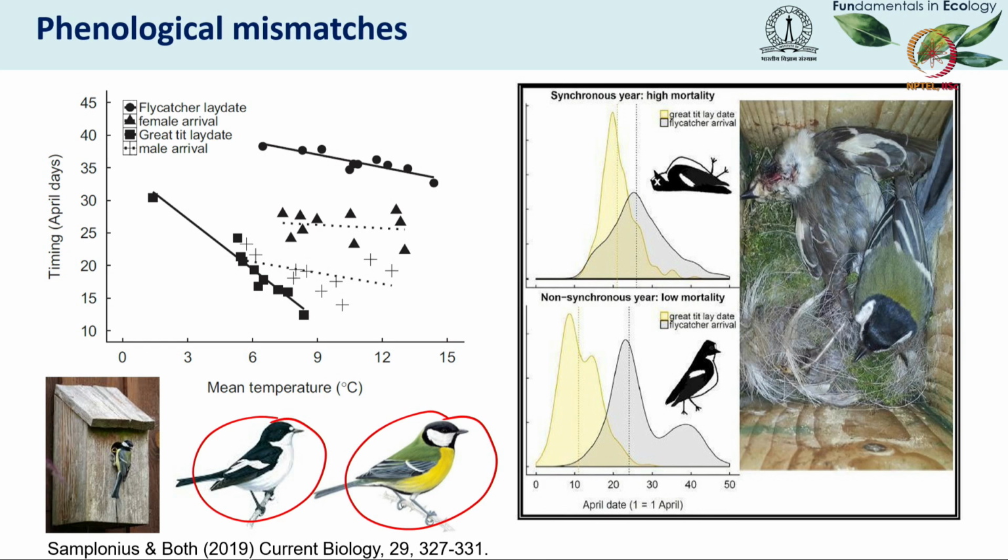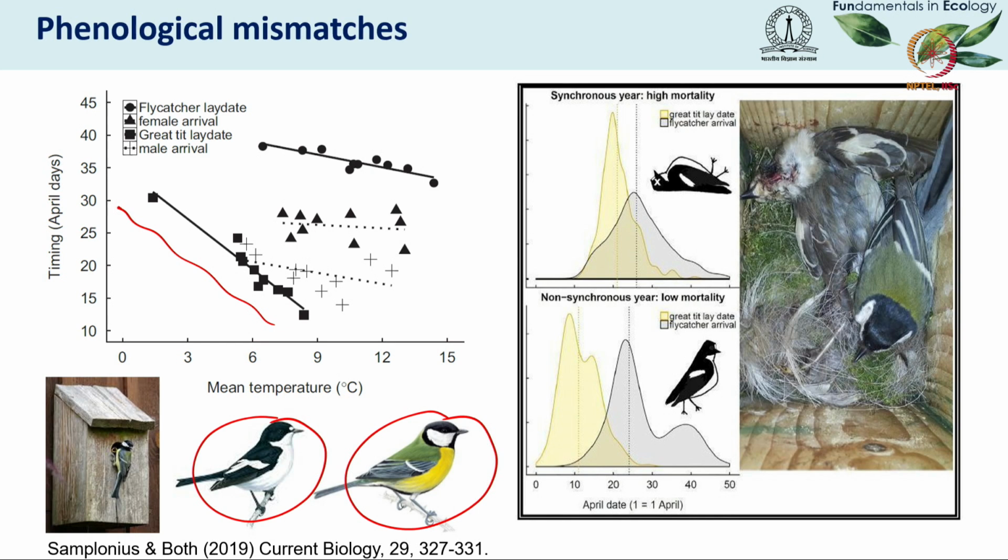The great tit, on the other hand, is a resident. It does not migrate at all. Now, what can happen is that great tit laying dates can respond very strongly to temperatures. So the mean annual temperature can be very closely related to great tit laying date, and that's what you're seeing in this relationship here.